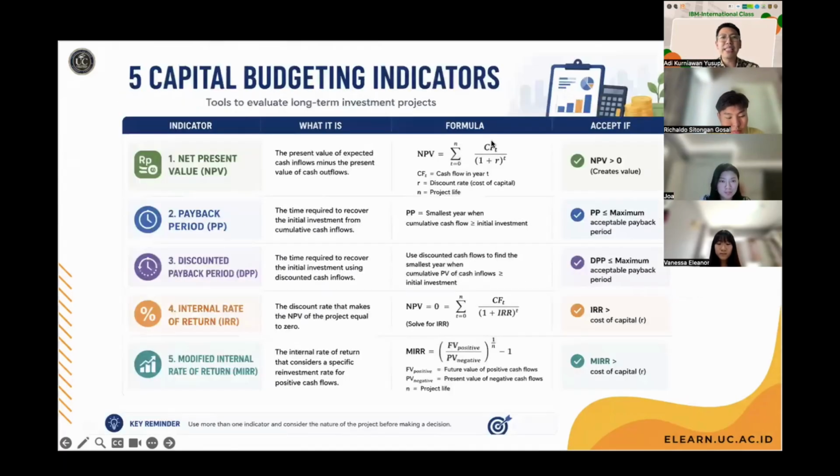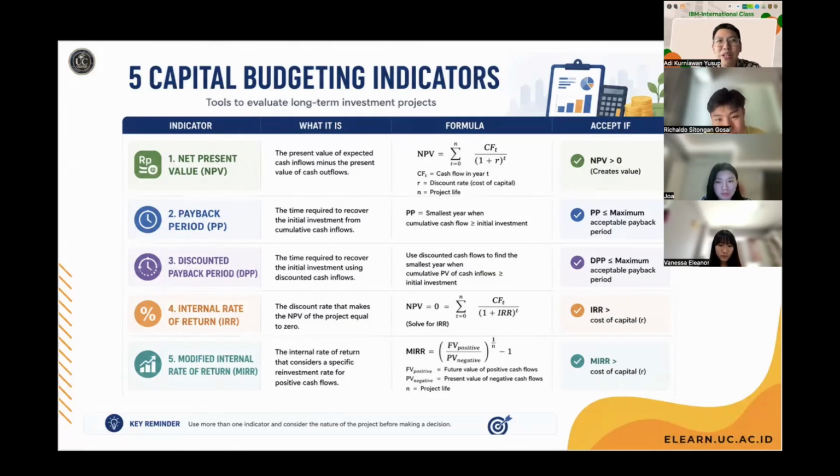Okay, before that, this is the knowledge for you about each indicator. So guys, basically NPV is the present value of expected cash inflow minus the present value of cash outflow. This is the formula of NPV. I believe you are already familiar with this formula from when we learned about time value of money.